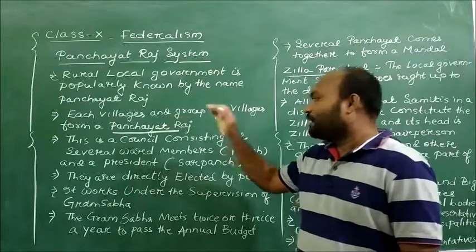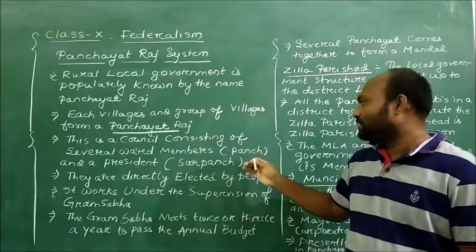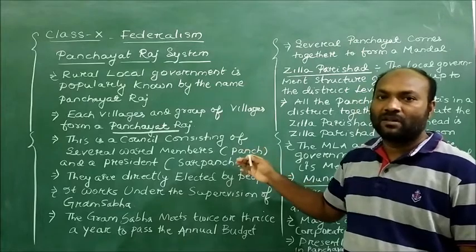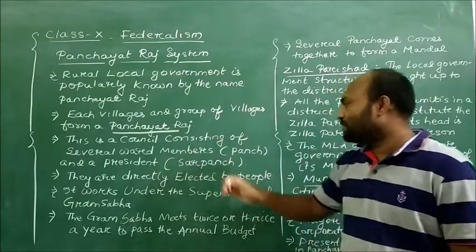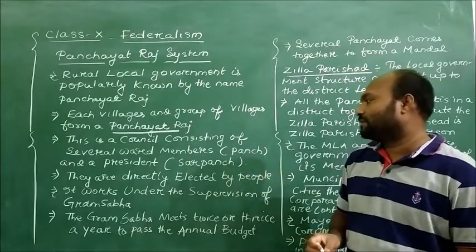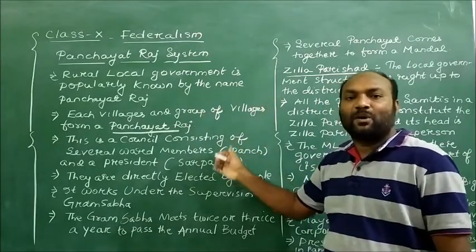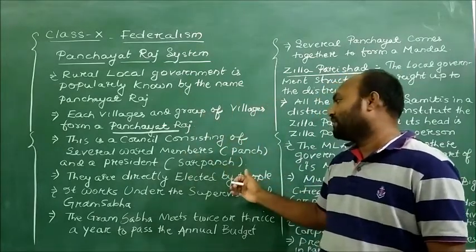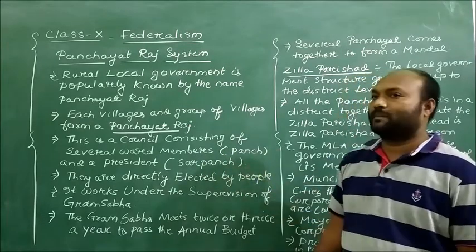This is a council consisting of several wards or panch, and after that we see the president as well as the sarpanch, who is the head of the panchayat, and these representatives are directly elected by the people themselves.